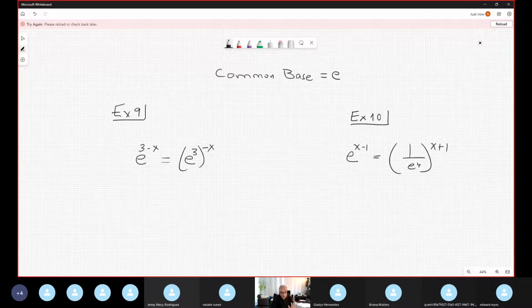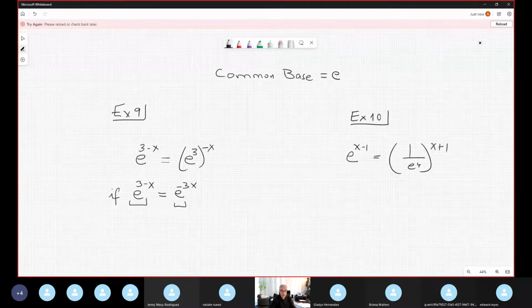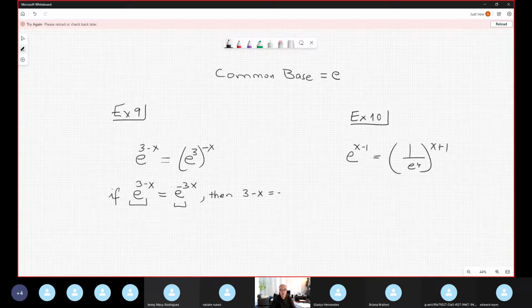I promise I will explain it in a moment, not now. Now I apply the rule of the exponent. This stays the same. I don't touch it. However, this one, yes, multiplication of the exponents is e to the minus 3x. One more time, we have two exponentials, standard. If the exponential is the same and the base is the same, the conclusion is the exponent is the same. 3 minus x is equal to minus 3x.